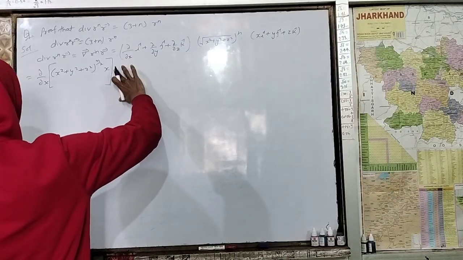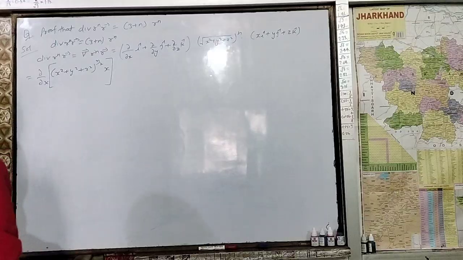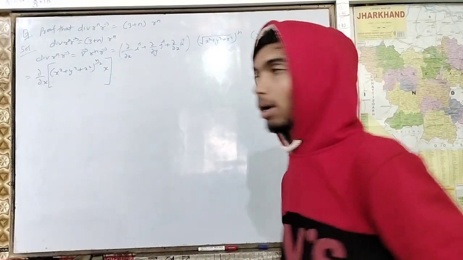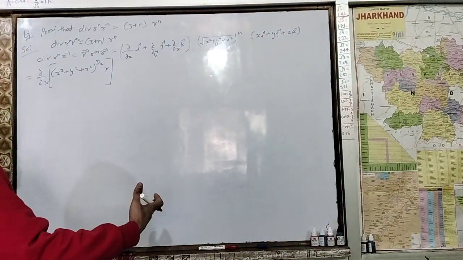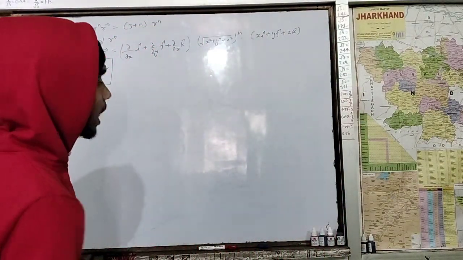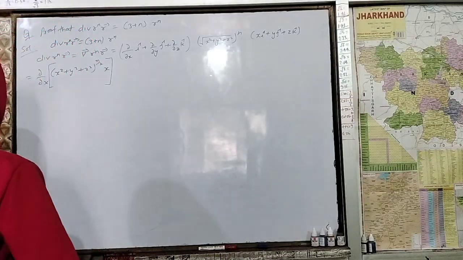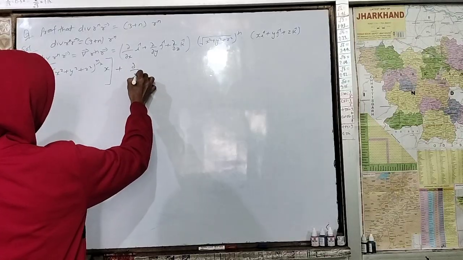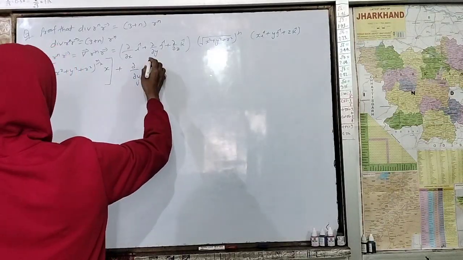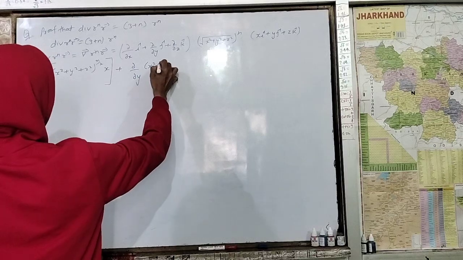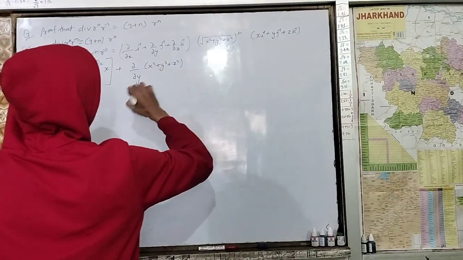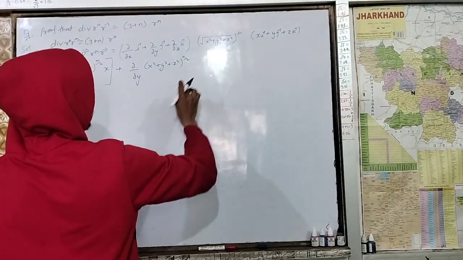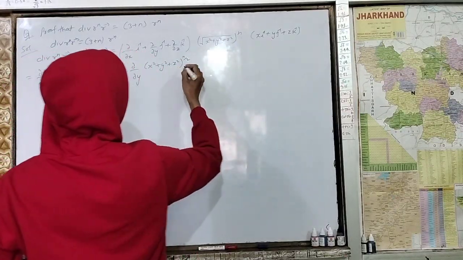But we are using divergence. We are talking about divergence, so that's why x i cap, y j cap, z k cap will go. So over here this plus will come. Then d/dy of x square plus y square plus z square raised to n by 2, and this is with y.